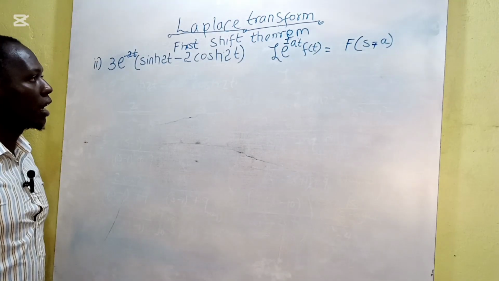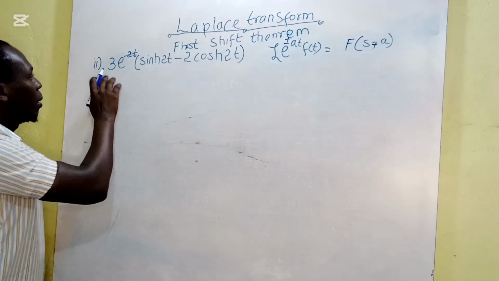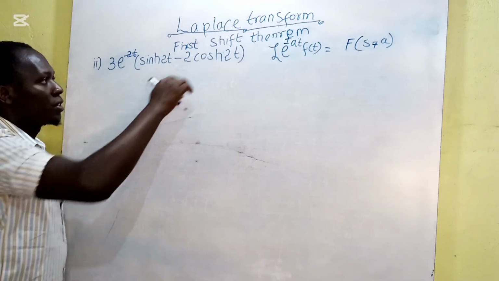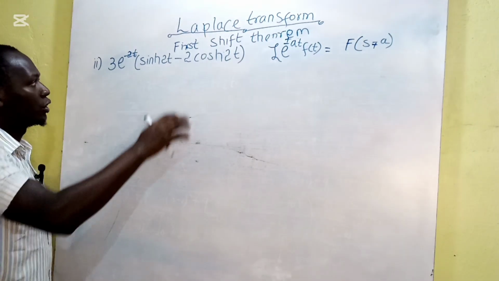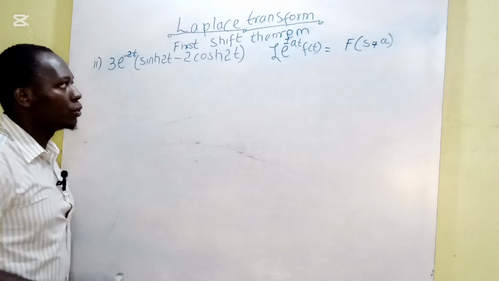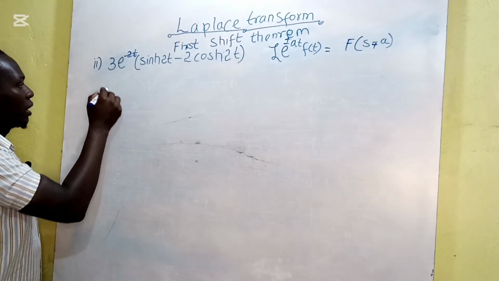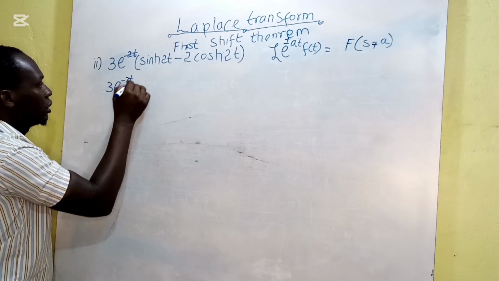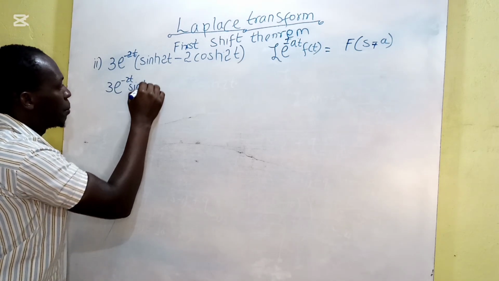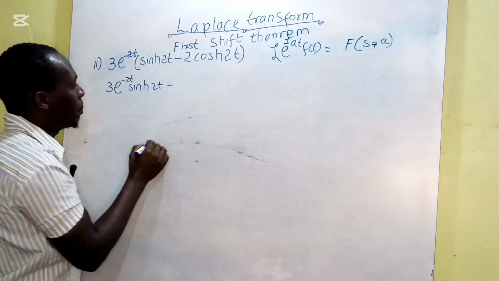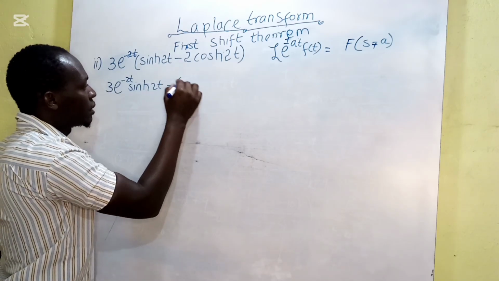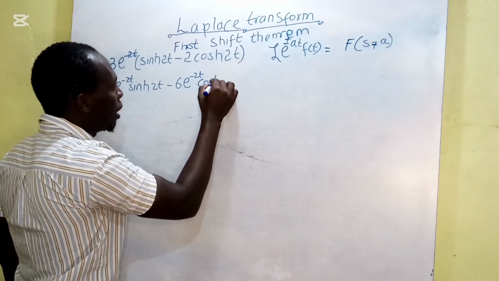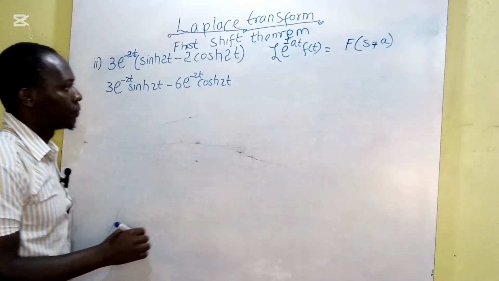Let us now come into our first example, whereby we've been told to find the Laplace transform using the first shift theorem of our function here. The first thing that we need to do is open the bracket, and we are going to have 3 exponential negative 2t sine hyperbolic 2t, subtract 6 exponential negative 2t cos hyperbolic 2t.